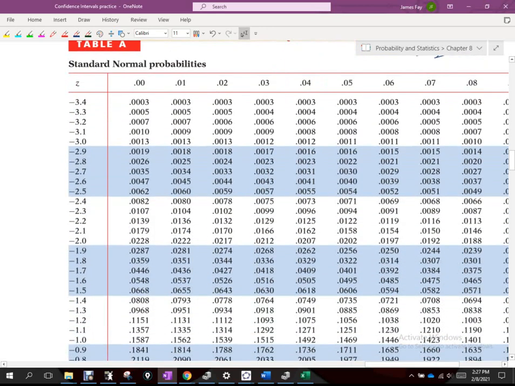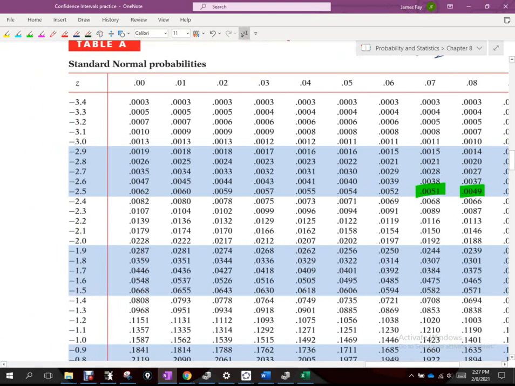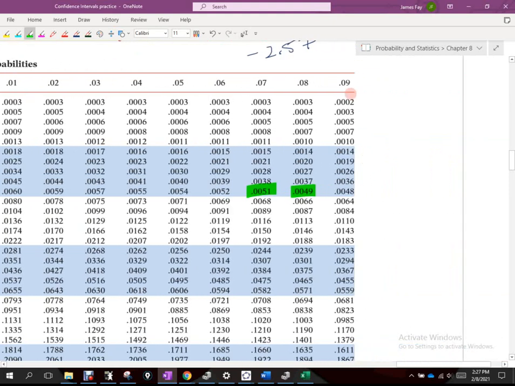I'm going to find 0.005 in here, and it's kind of like right there, correct? We got 0.0051 and 0.0049. So I come over here, it's negative 2.5, and this is 0.07, this is 0.08. So right now we're seeing that 0.005 would be smack dab in the middle there, right?